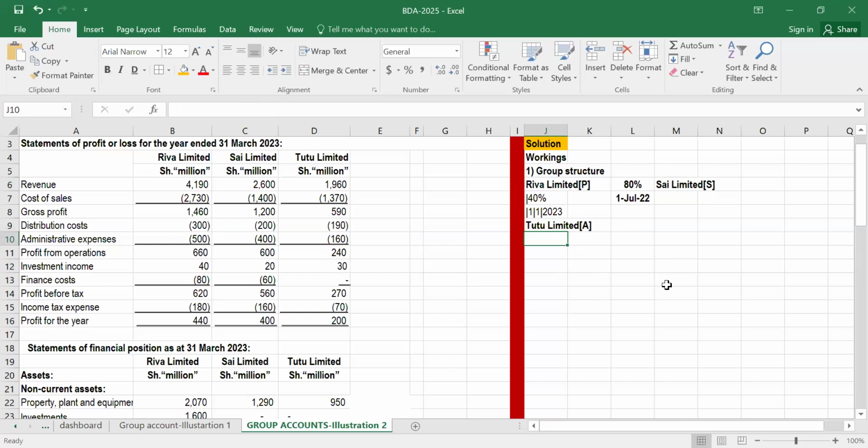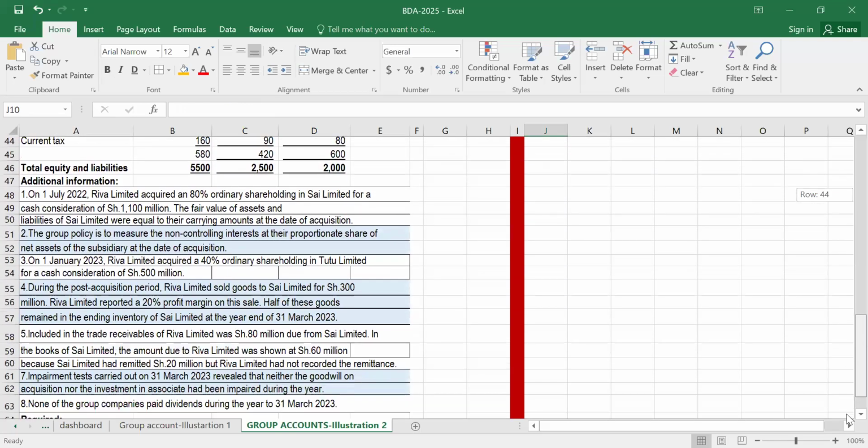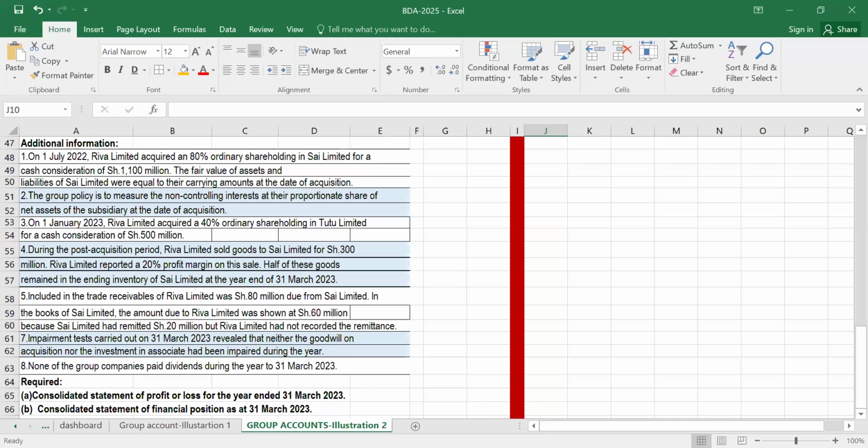It is also important to check whether there is a company which was acquired during the current year. We can only do that by checking when we are required to prepare the group accounts. We are required to prepare the group accounts for the year ended 31st of March 2023.